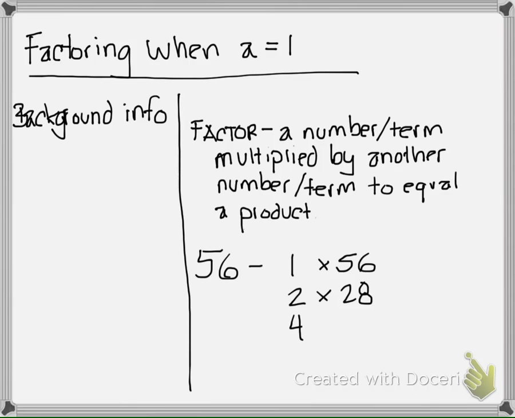I could say 4 times 14. And then your traditional 7 times 8. All of those are factors of 56. Go ahead and pause the video if you need to copy that down, otherwise the video will proceed.